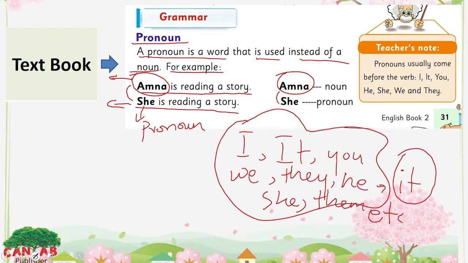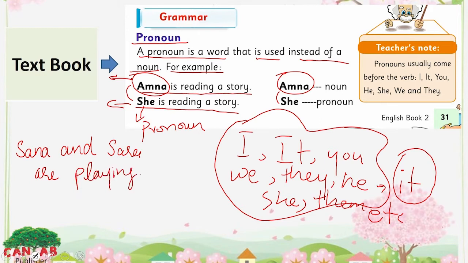Let me give you more examples. Sana and Sarah are playing. In this sentence, Sana and Sarah are what? Yes, noun. And how we will replace them?